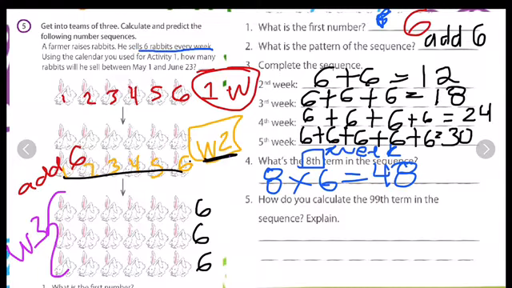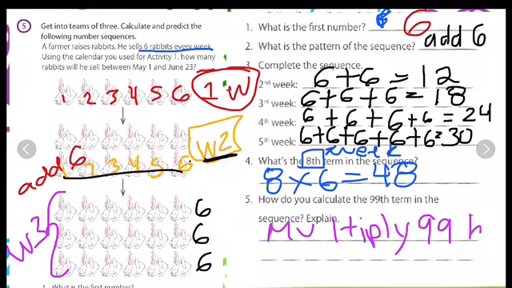Now, what do you do with exercise number 5? It says, how do you calculate the 99th term in the sequence? What do you do? Well, in this case, you multiply 99 by 6.